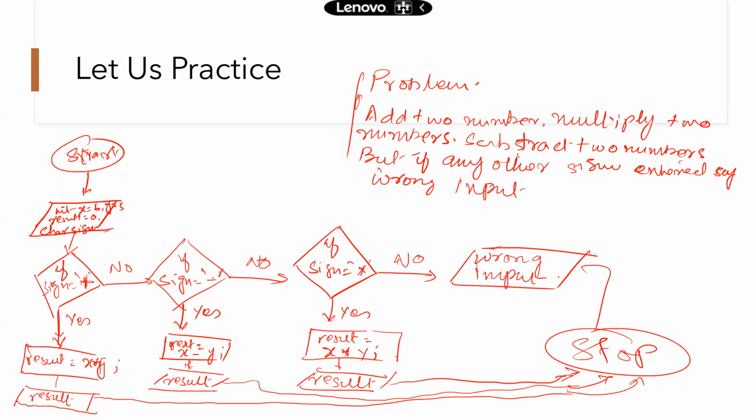Then if it's not a minus sign, check for the multiplication sign. If it is the multiplication sign, multiply it. And if it is not even the multiplication sign, you just print a wrong input that you have taken. All right, and then the program leads to a stop. So this is another simple approach towards solving this problem through the flowchart.